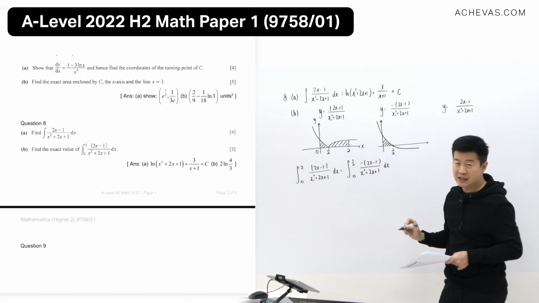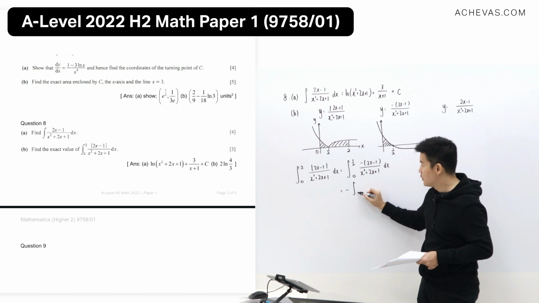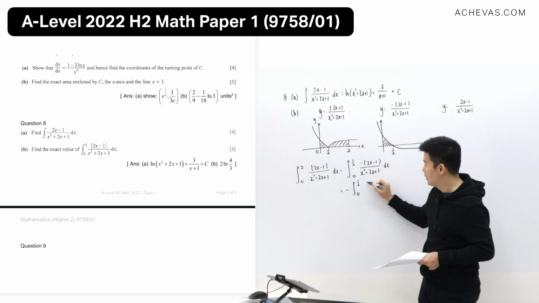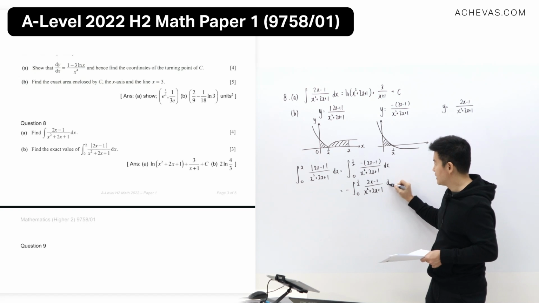And now without the negative, in fact, we can even factorize out the negative. This will leave me with the integral from 0 to half of (2x - 1) over (x² + 2x + 1).